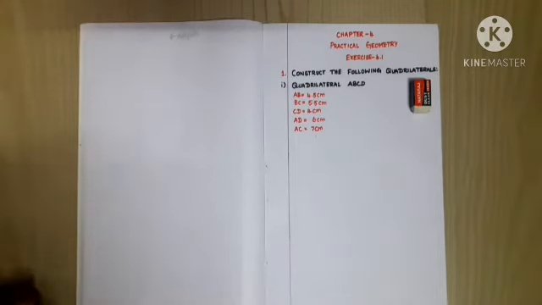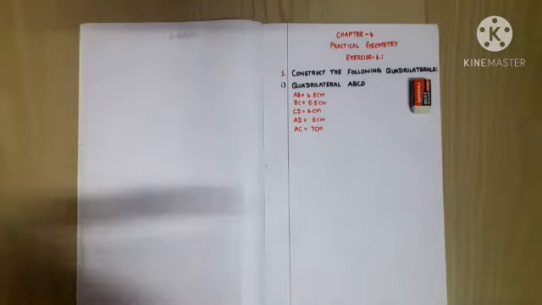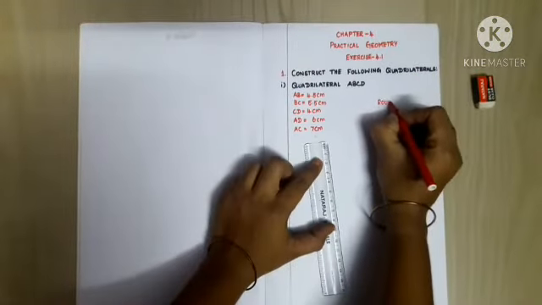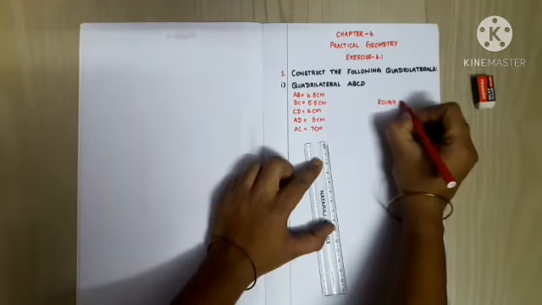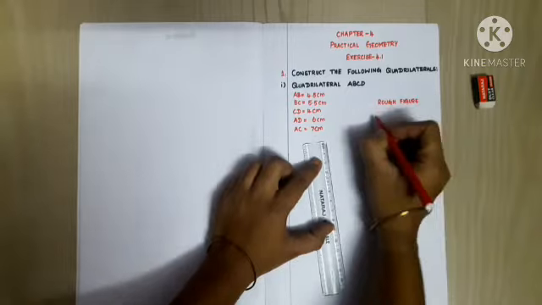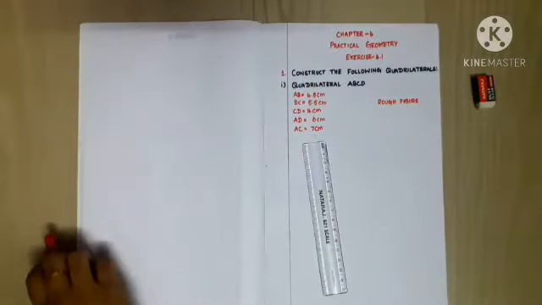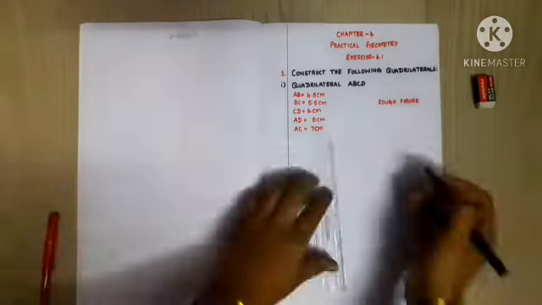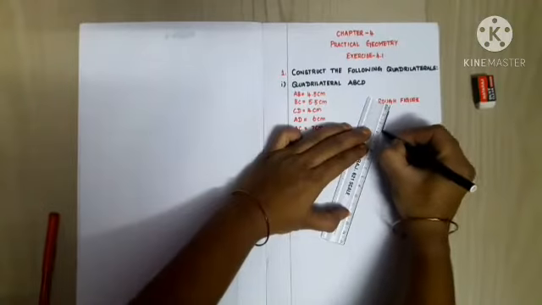First, draw the rough sketch of quadrilateral ABCD and mark the measurement on it. Use the ruler to draw the rough sketch. You can draw any type of quadrilateral as a rough figure.